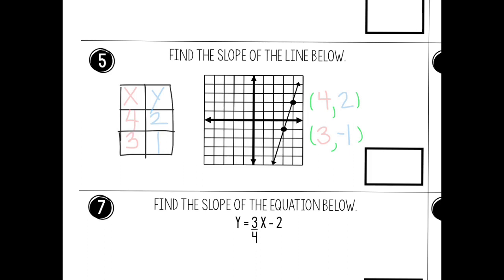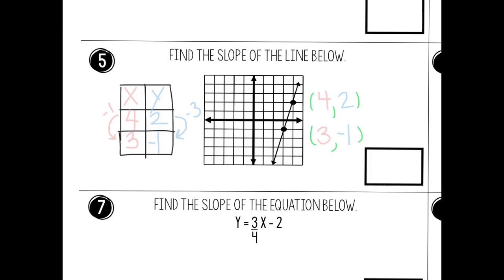And if I calculate how I go from 4 to 3, that is -1. If I calculate how I go from 2 to -1, oh my goodness, I just caught my mistake. That is actually down 3. Sorry about that mistake.